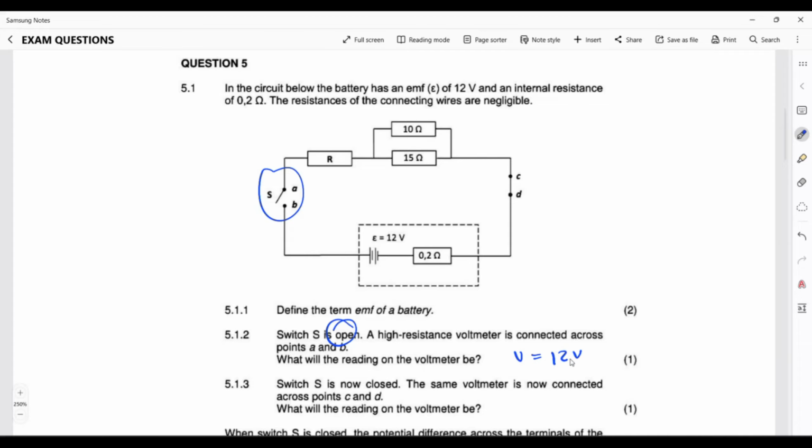Then now, 5.1.3, switch S is now closed. The same voltmeter is now connected across CD. What will the voltage be now? Okay, guys, you never heard me saying we connected a voltage somewhere where there's no device.